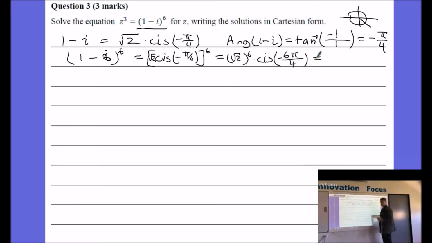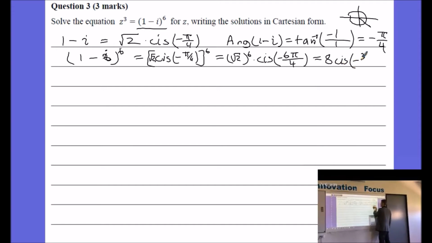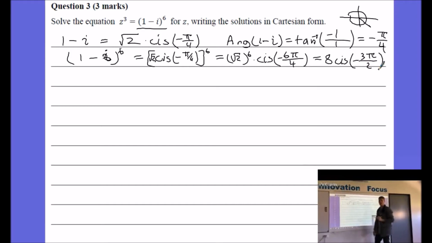Okay, what does that simplify down to? Well, the root 2 to the power of 6, that is an 8, yeah, and this simplifies down to 3 pi on 2 as a simple argument.